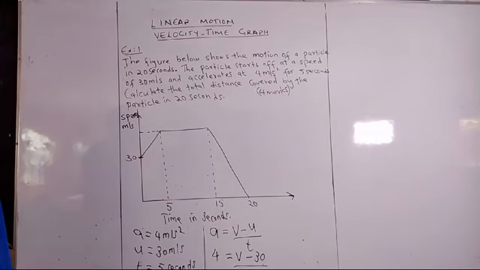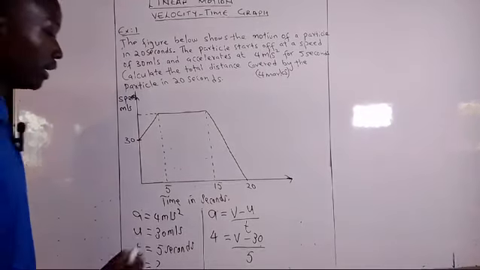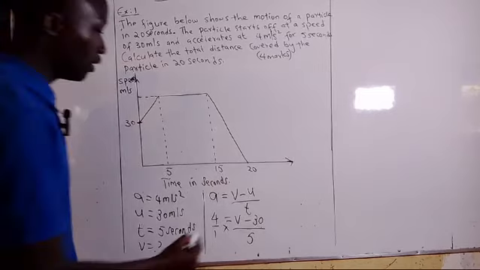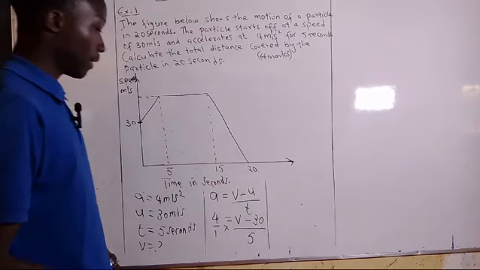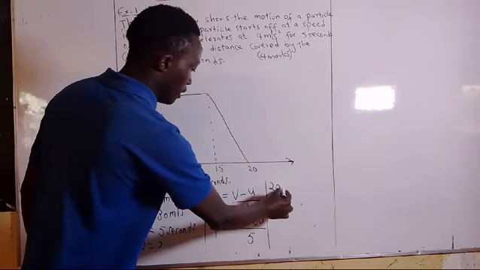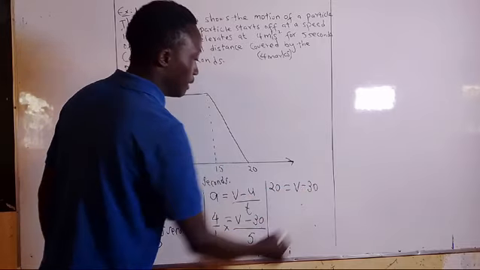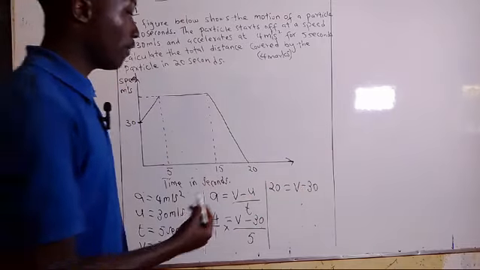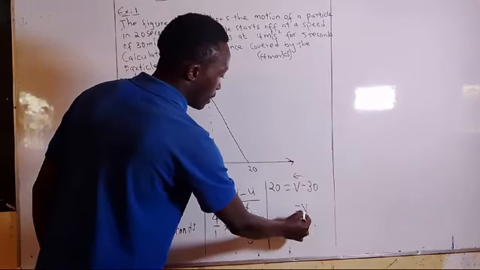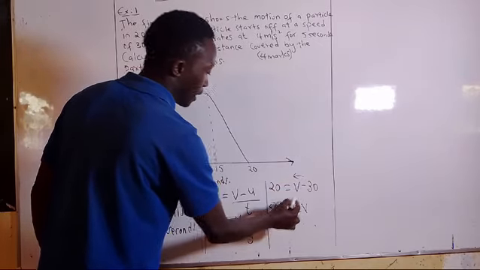To get the velocity, we cross multiply. 5 times 4 is equal to 20, which is equal to v minus 30. When we solve for v, we bring 30 to the other side of the equal sign, and we have v as 20 plus 30, which gives us 50 meters per second.